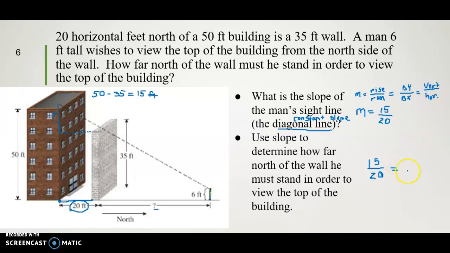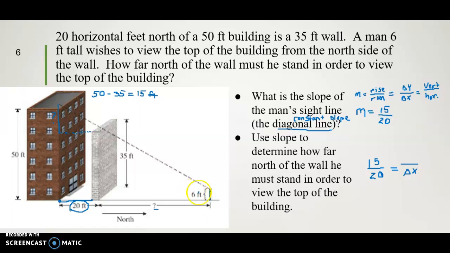So what I'm really trying to figure out is what is the change in x. And that means I'm going to need a number here for the change in y. So I have to figure out from this wall to the person, how much has y changed?